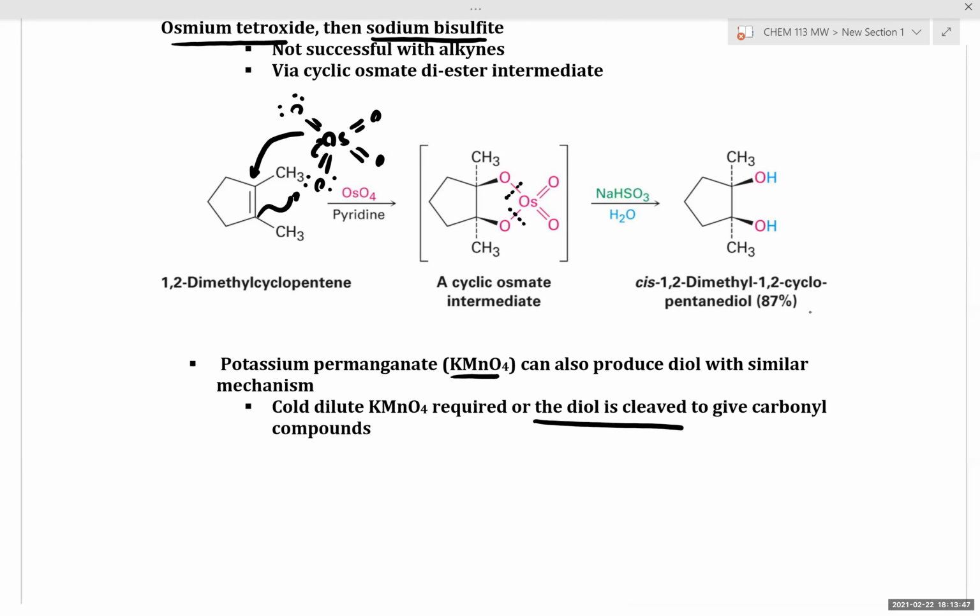So osmium tetroxide followed by sodium hydrogen sulfite is the most common sequential series to generate a cis diol. Does everyone see how the two alcohols are cis to each other? Any questions on this example?